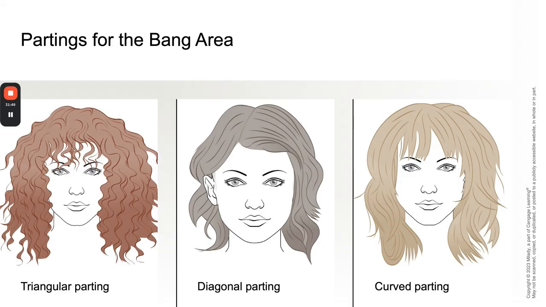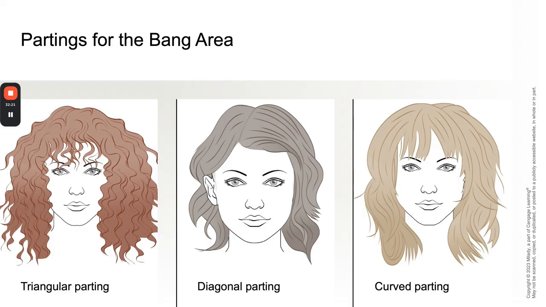So for a triangular parting, the basic parting for your bang section, it does give a symmetrical balance of facial features. So if you do a triangular parting, like you can see the picture on the left, she has even fullness across the face, and that's because they started at the apex and came down to the left and right front corners, distributing the hair across the front of the face.